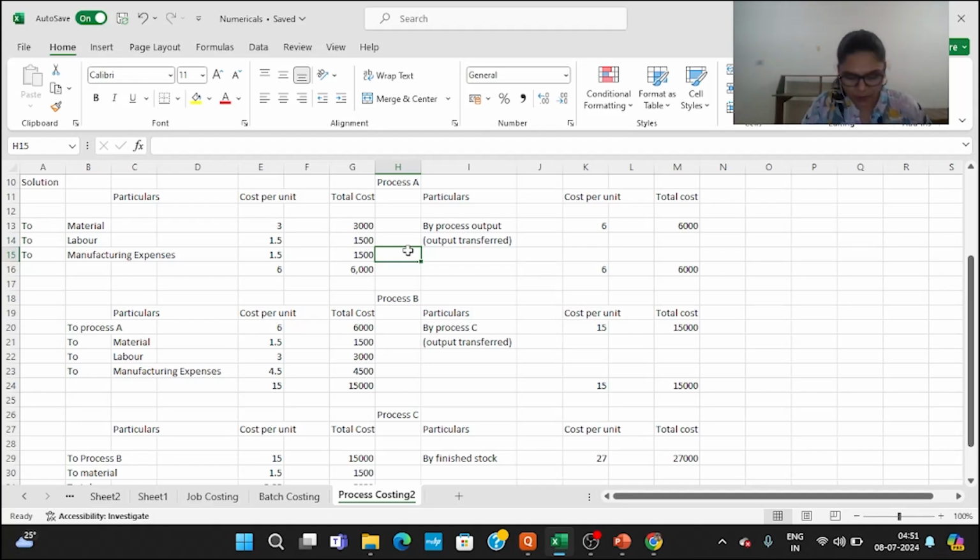When some part of the output is retained and sent to the warehouse, whereas the remaining part is sent to the next process, then the cost of both the transfers and their quantity will be credited to the process account where it was produced.